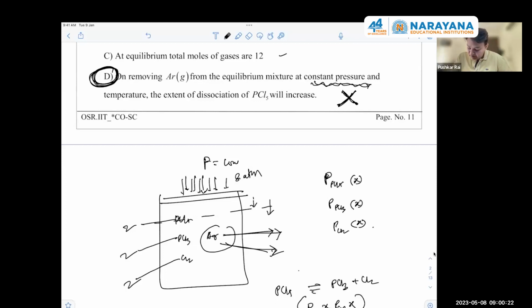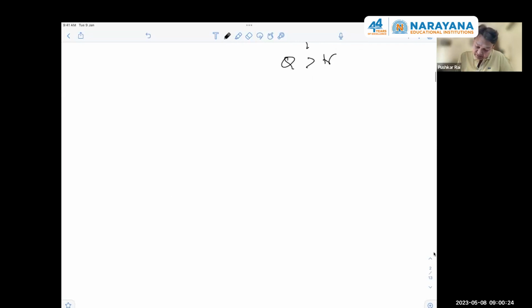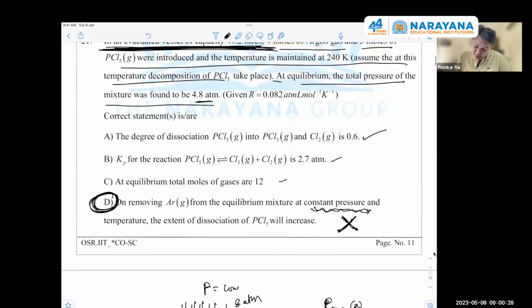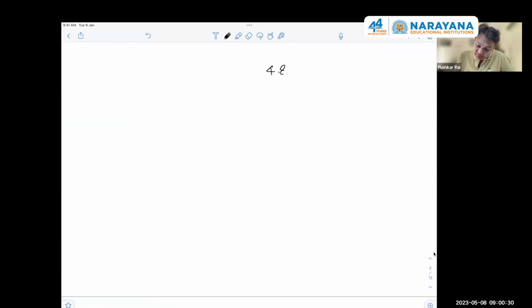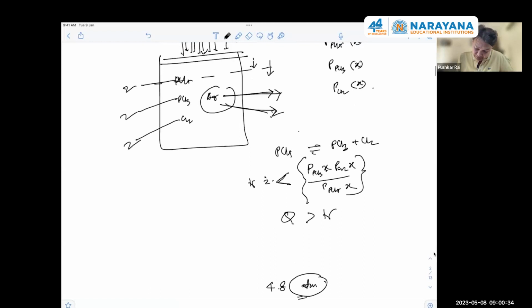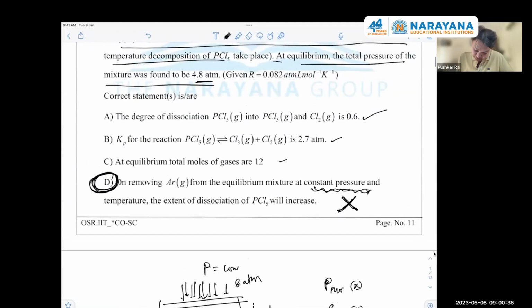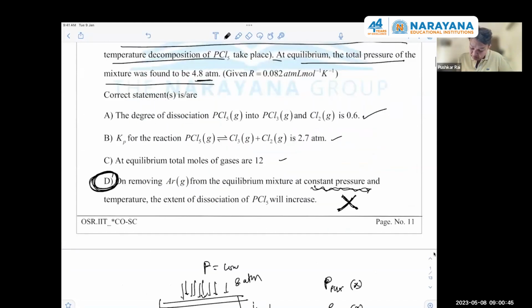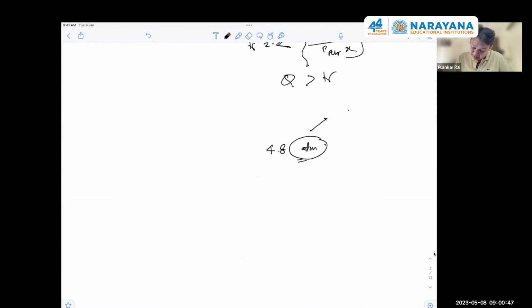So you want to say that we have done something like this: what was the pressure? Equilibrium pressure was 4.8 atm. 4.8 atm was the equilibrium pressure, and this equilibrium pressure was total. You have removed some part of it, from argon. The pressure of argon was also there.